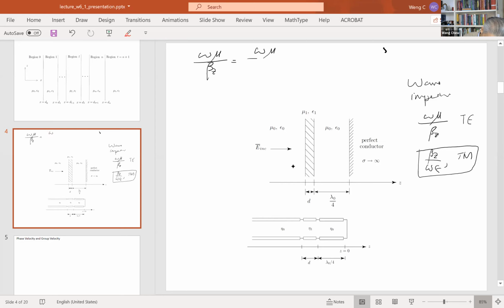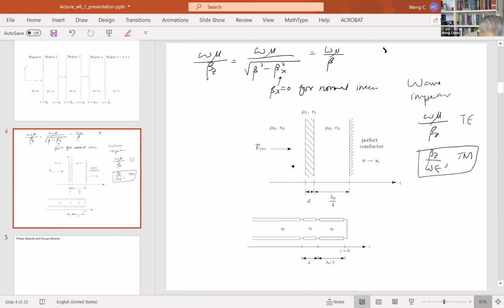If you put omega back here, it will be beta squared minus beta x squared, okay? And for normal incidence, beta x is equal to 0. And then you will have omega mu over beta again.